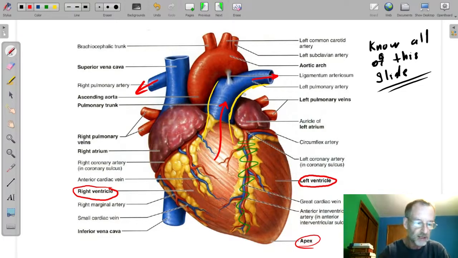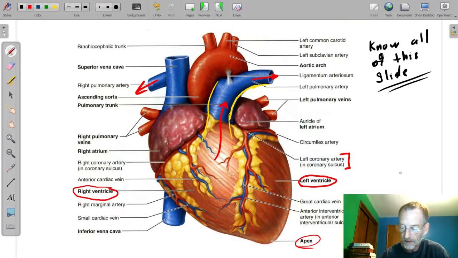Let me clean up the sulcus that I just drew on. So here is our left coronary artery, and it's in the coronary sulcus, which is the groove between the atria and the ventricles.